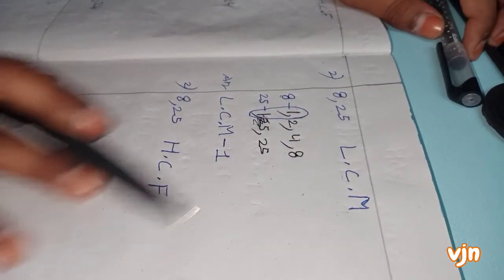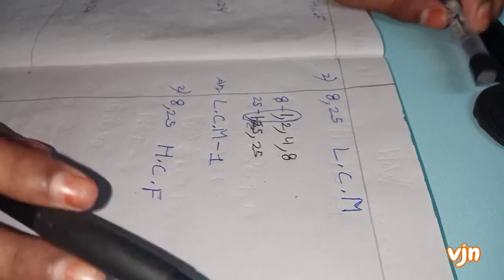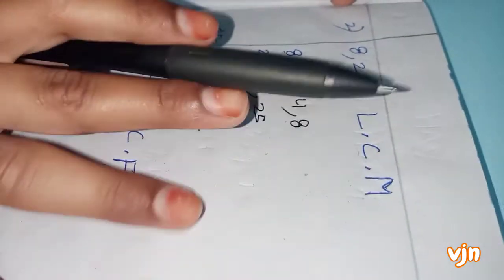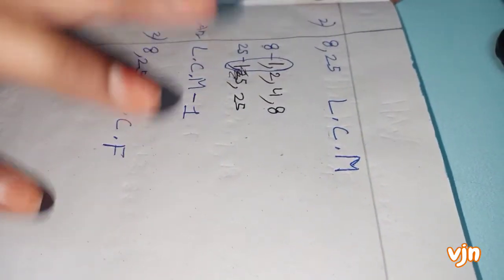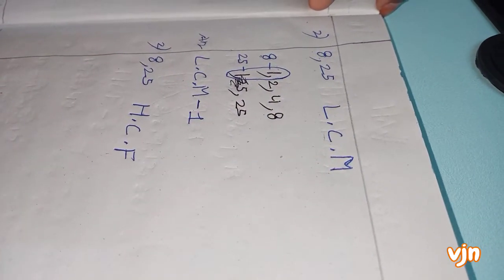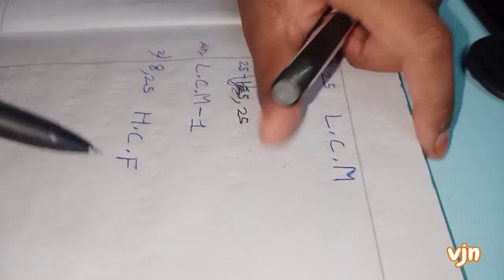Multiple and factor are same. But why does LCM have M and HCF have F? Because this is LCM, lowest common multiple. You should always use M for the lowest common factor and always use F for the highest common factor or number. Always use L for M, H for F.